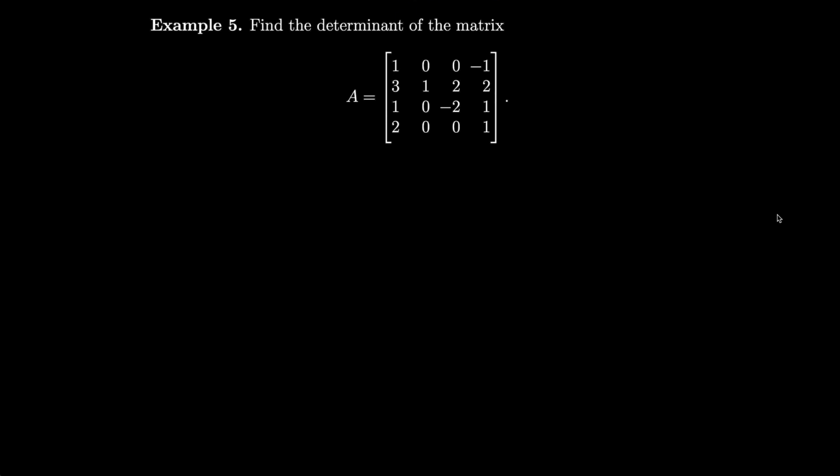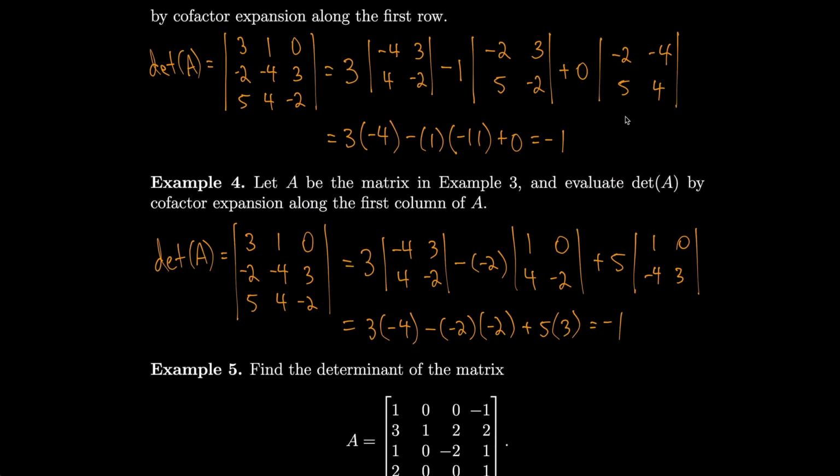Okay, how about we get the determinant of a 4 by 4 matrix? It looks like if we choose our column or row carefully, we can get an easier result over here. Notice in the previous example, we had 3, minus 2, and 5, but before then, we had a 0.